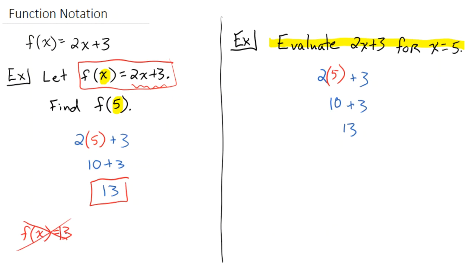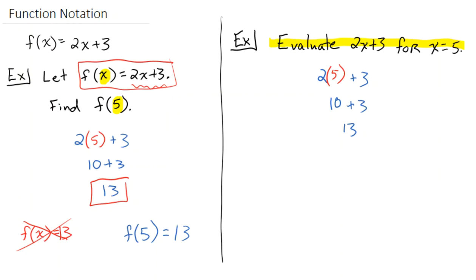That's essentially defining a new function. If you really want to not abandon the left side like I suggest, you would write f of 5 equals 13, because that's what we found. We found f of 5. There's also an f of 2, there's an f of 23, but we were asked to find f of 5, and that's what we found. We did not find f of x. f of x is the general expression, the general function.